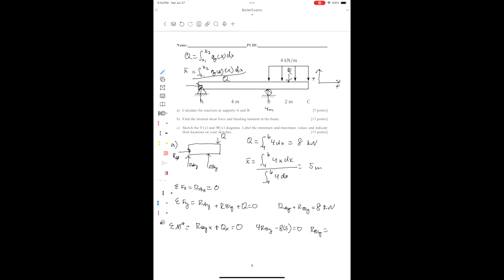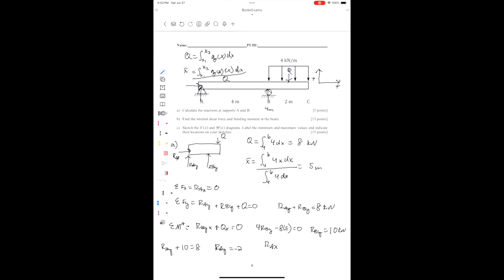And that gives us RBY as just being 10 kilonewtons. And we can plug that back into our equation to find RAY. RAY is just going to be negative 2.